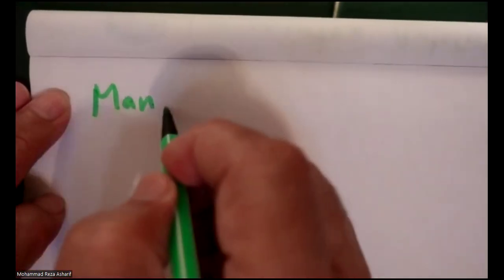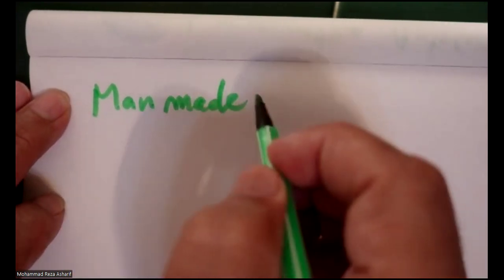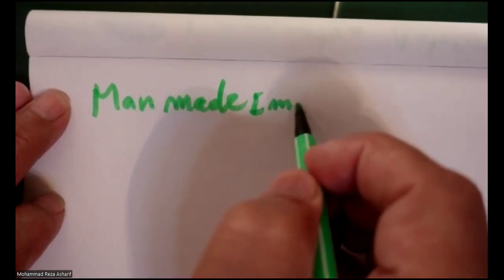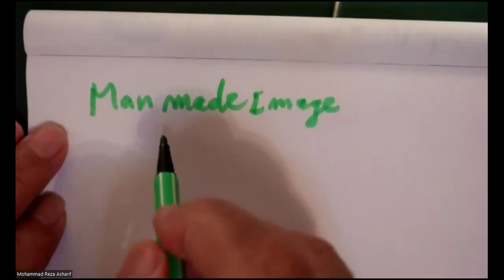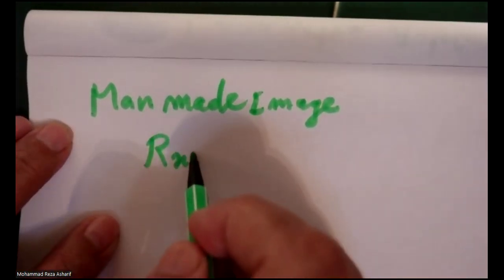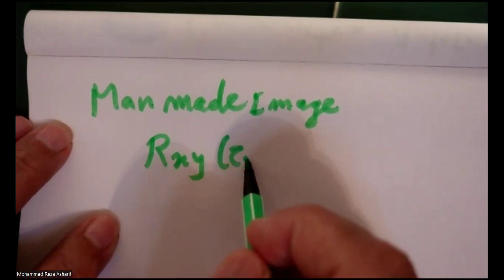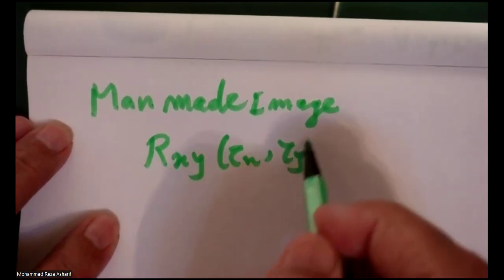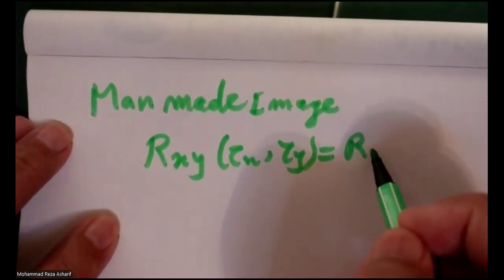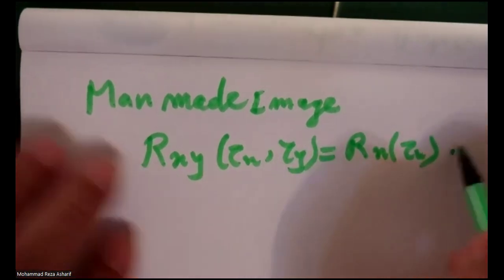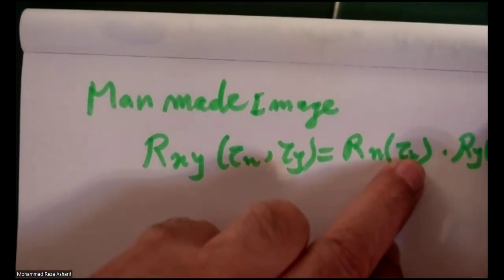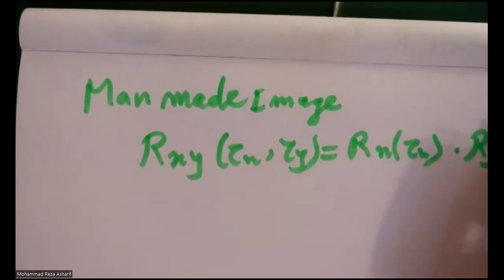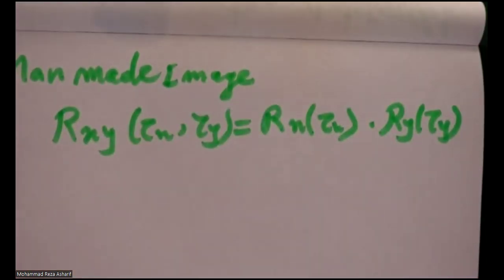For man-made images, we have the autocorrelation R xy of tau x, tau y as the product of Rx of tau x and Ry of tau y. So there are more horizontal and vertical lines, as you can see.